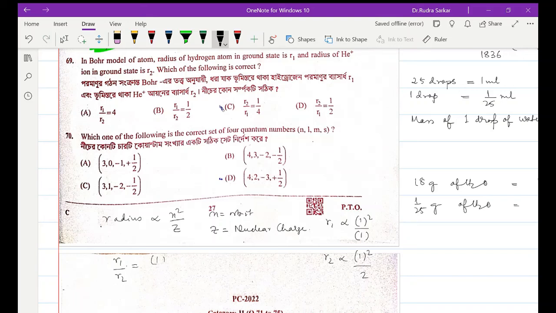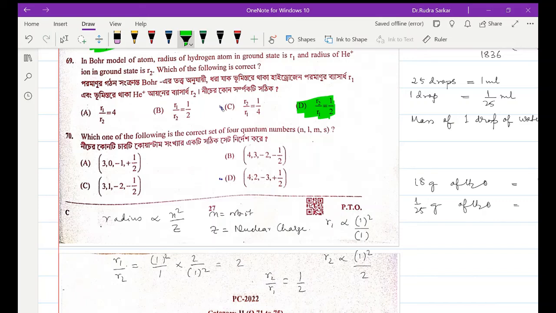So that is 1 square by 1. All that is equal to R1 by R2 is this, or we can say R2 by R1 is what? 1 by 2. So our answer over here is going to be this one.